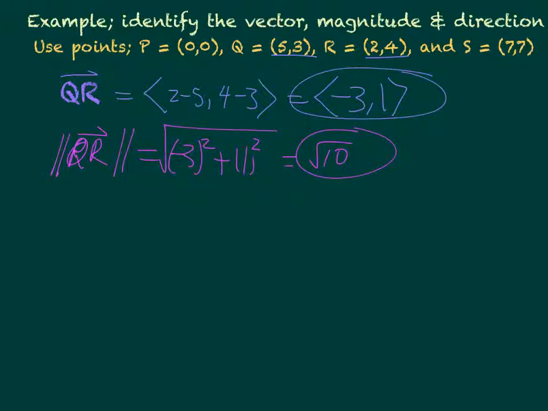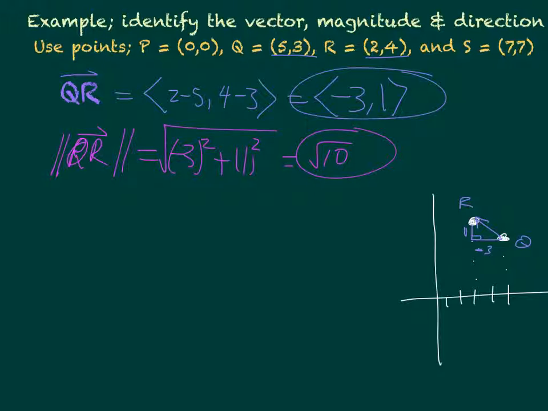And my direction, I'm going to start by sketching out a graph. 1, 2, 3, 4, 5, 3. That is my Q point, and my R point is 2, 4. So I'm going to go from Q to R. So my triangle is going to look like that, and this is going to be negative 3 and positive 1.